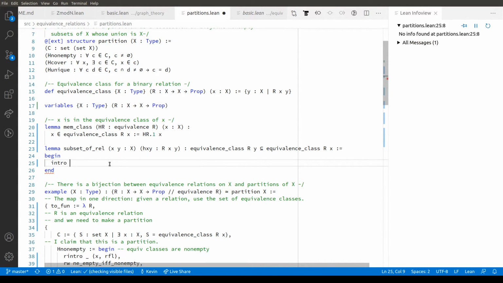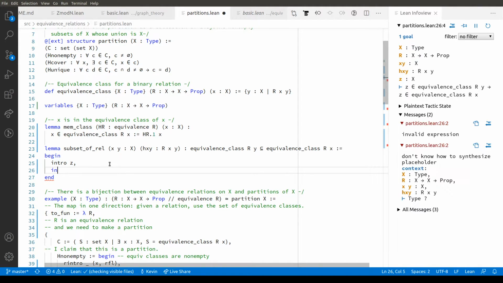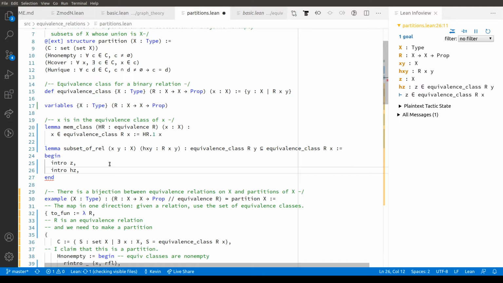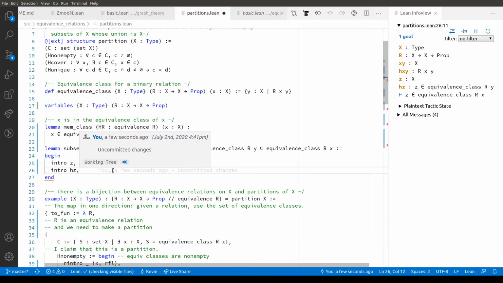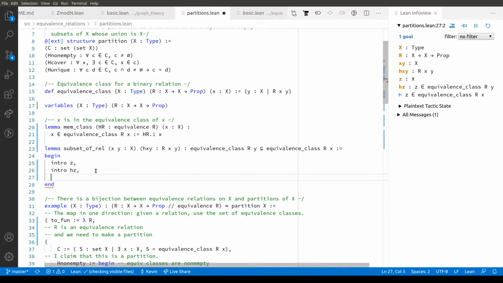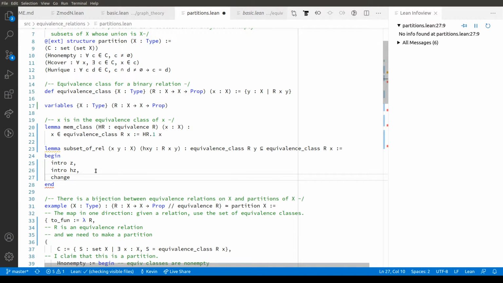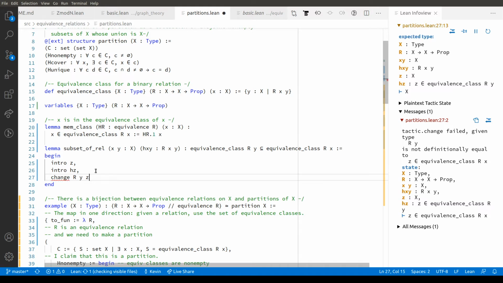So let z be an element of x, and let hz be the statement that z is in the equivalence class of y. Remember that. What does that actually say? It says that y is related to z, right?